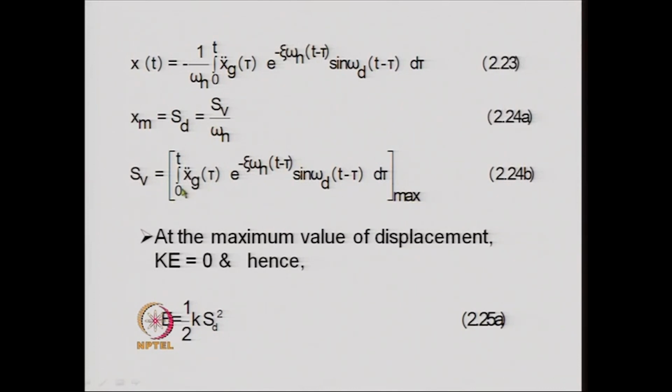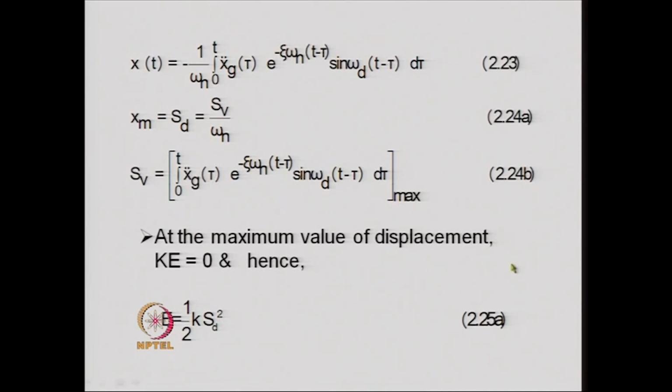That means we perform this integration at every time t and take the maximum value of that to constitute the value of SV, and that SV divided by omega n gives the value of the maximum displacement. Now, this maximum displacement for different values of omega can be plotted for a given damping ratio.